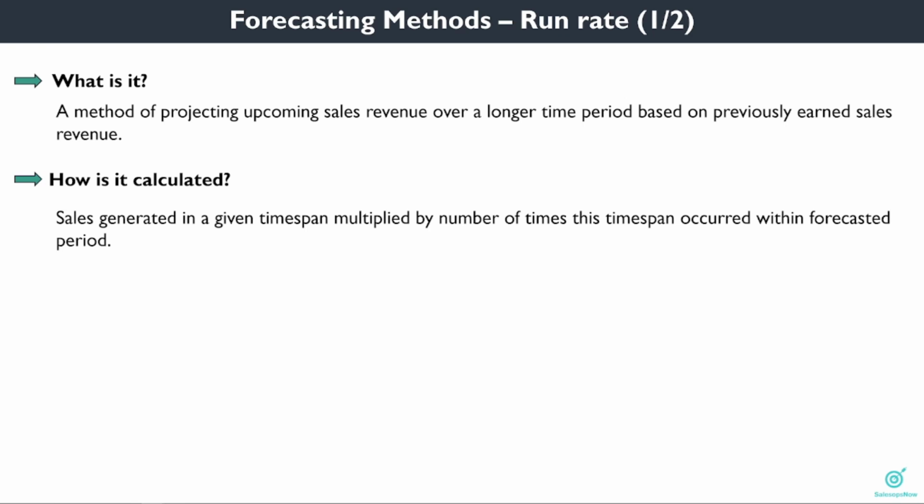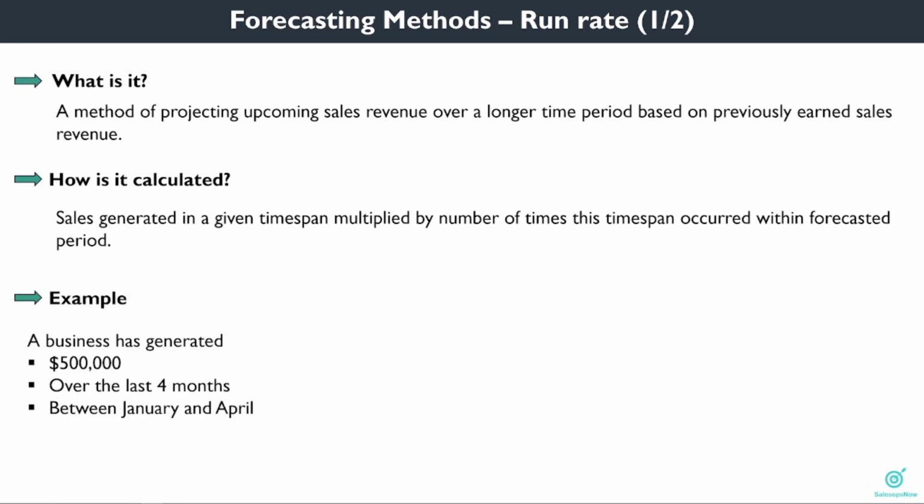The formula to calculate run rate is sales generated in a given time span multiplied by the number of times this time span occurred within the forecasted period. Let us illustrate with a simple example. Imagine that a business has generated $500,000 in revenue over the last 4 months between January and April.